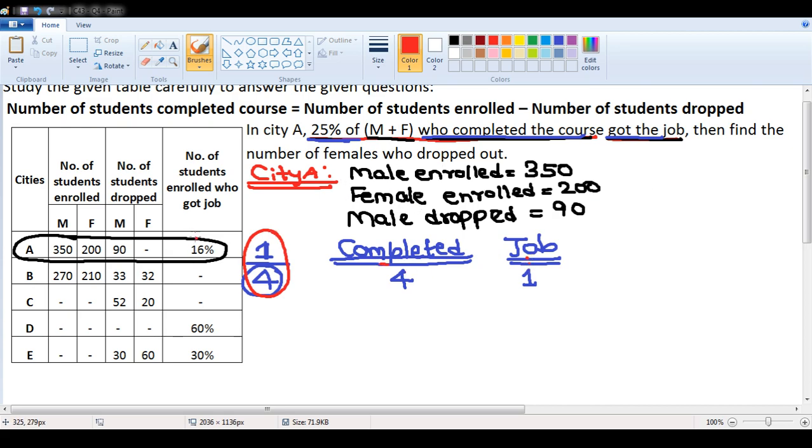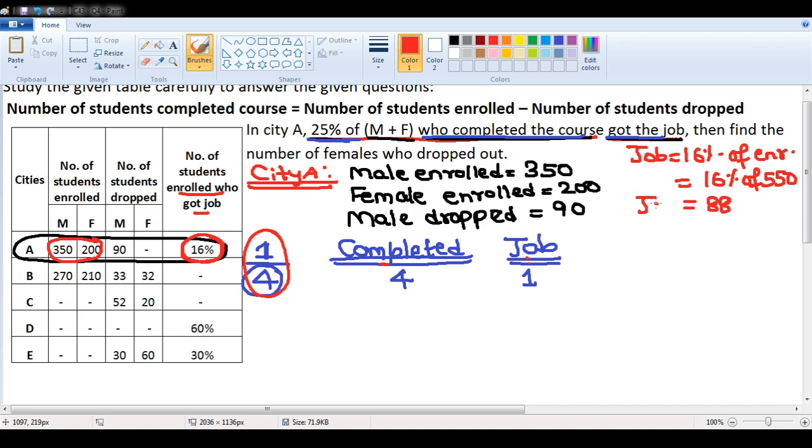But see here, it is also given in the table that 16 percentage of enrolled people got the job, right? People who got the job is 16 percentage of enrolled. How many people totally have enrolled? 350 plus 200 is 550. That means 16 percentage of 550 people got the job. Calculate that, you will get 88.